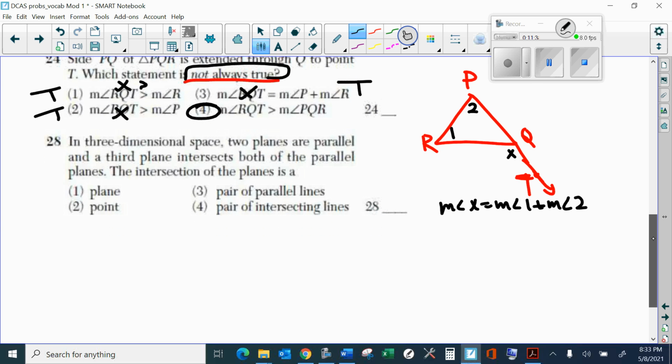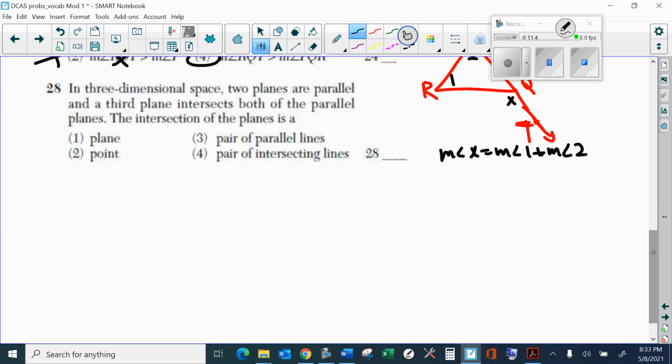Okay. In three-dimensional space, two planes are parallel and the third plane intersects both of the parallel planes. The intersection of the planes is a what? So I have two planes and a third plane intersects both of them.